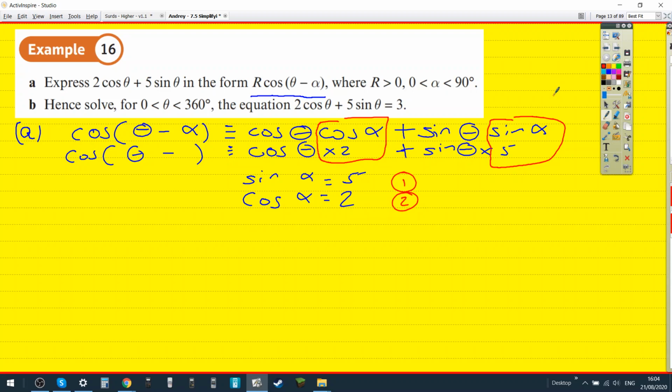Can we do a simultaneous equation? Yep. How can you solve them simultaneously? Should I do, 1 divided by 2? So that'll be tan alpha equals 5 over 2.